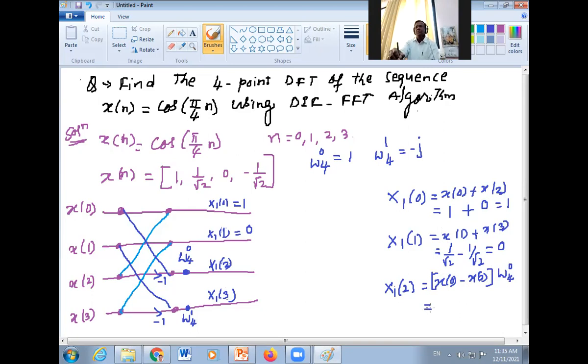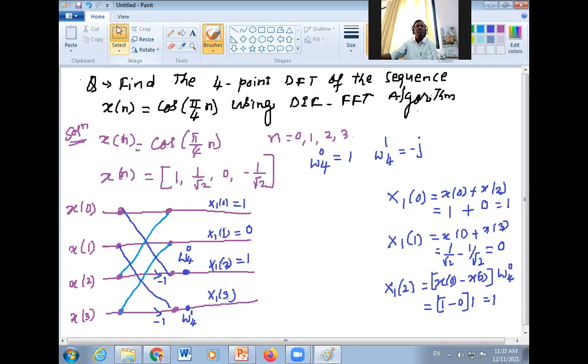So this will be equals to x of 0 value 1 minus 0, x of 2 value is 0 here, which is multiplied with 1. So the answer will be 1. So this will be equals to this 1.